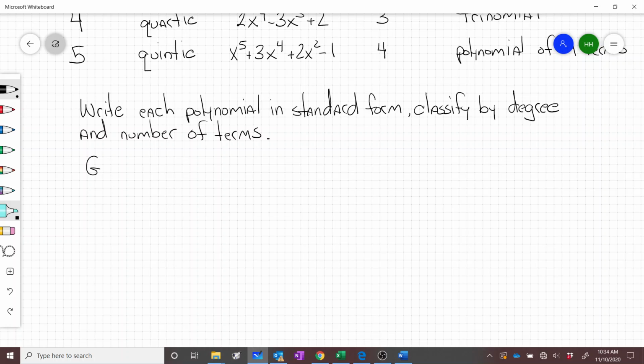So if this is your given, say we're given 3x plus 9x squared plus 5.